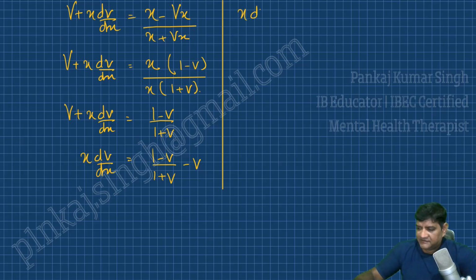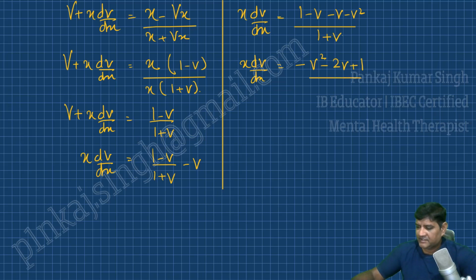I have x dv by dx is going to be equal to 1 minus v, after taking an LCM, this is going to become that divided by 1 plus v. Now, in the numerator, what I'll remain with is negative v square minus 2v plus 1 divided by 1 plus v.